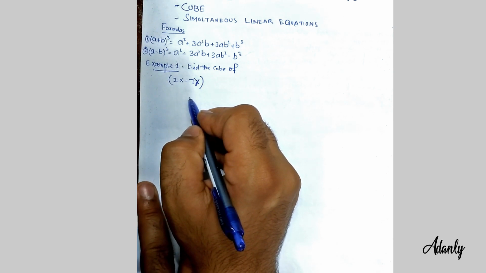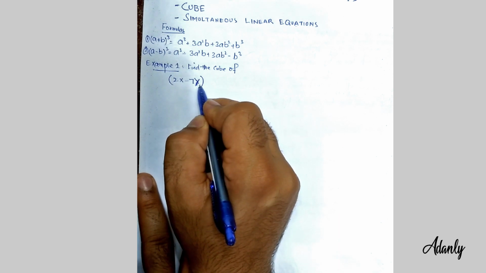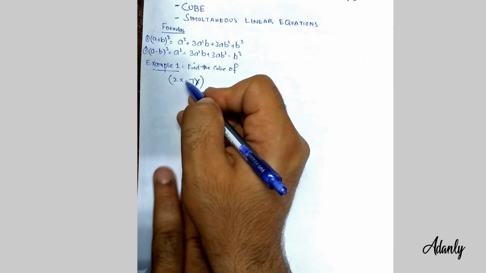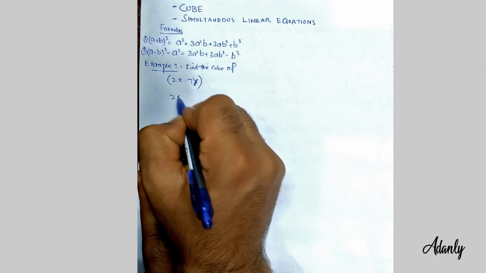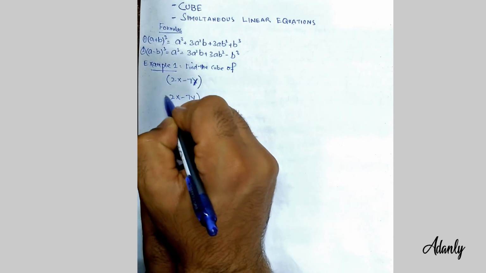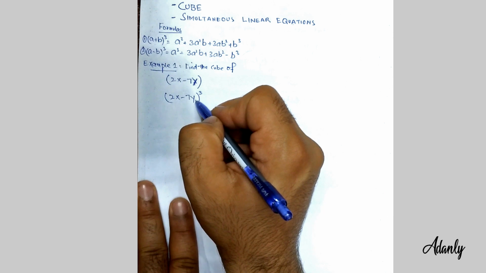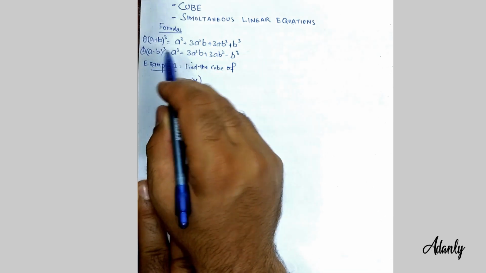So suppose we have an example that is 2x minus 7y and we have to find the cube of it. So we will write it as (2x minus 7y) whole cube. Now evaluate it according to the formula number 2, that is (a minus b) whole cube.